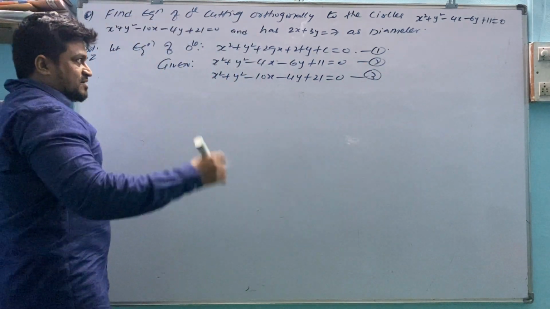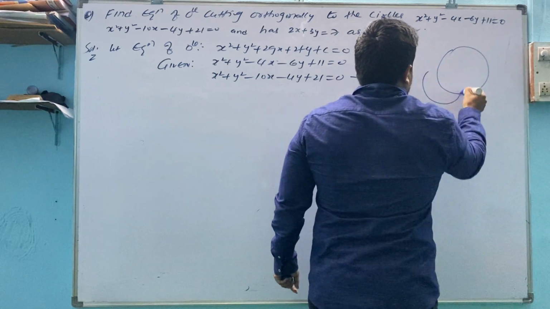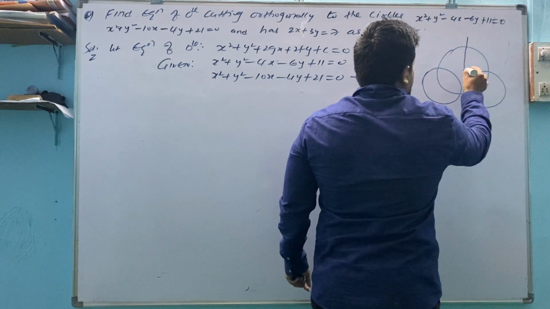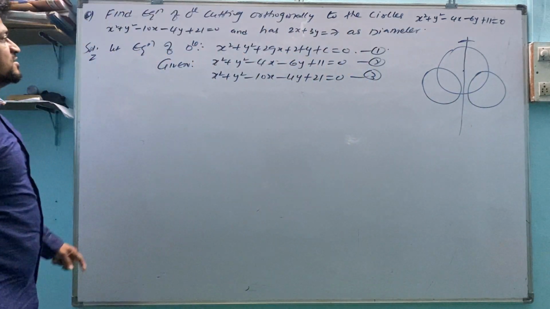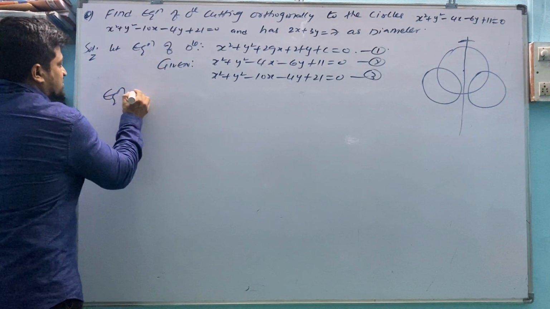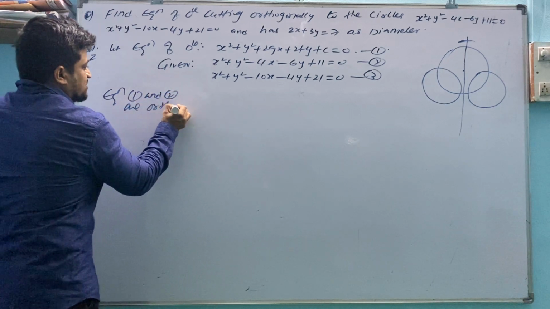If one circle is orthogonal to this one and orthogonal to this one, and one line is given to us as diameter, what do we have to do first? Equation of circle. Equation 1 and 2 are orthogonal, already given to us.